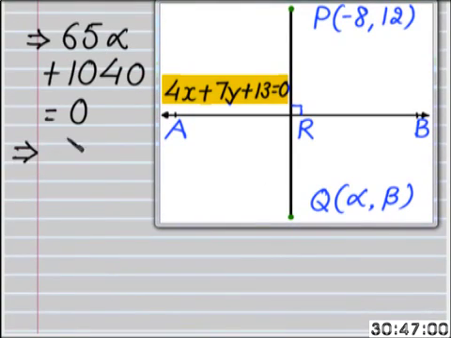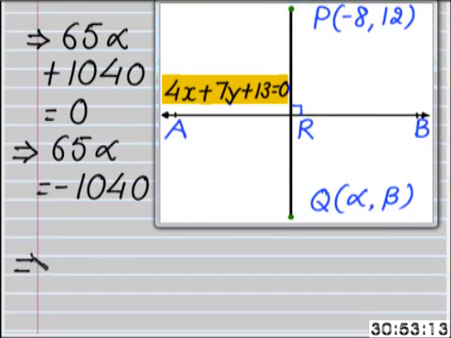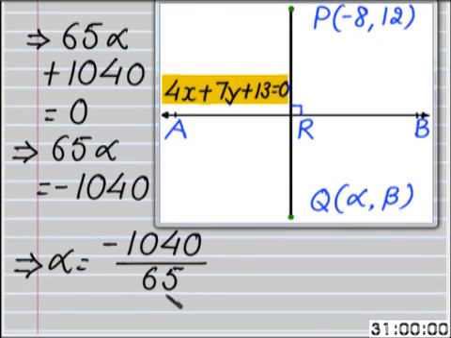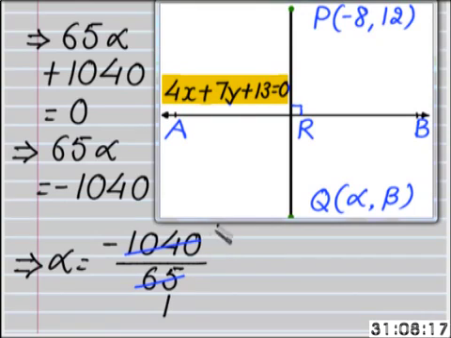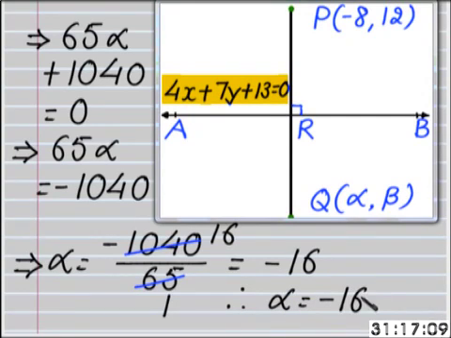Further implies 65 alpha is equal to minus 1040. So here alpha is equal to minus 1040 upon 65. Now on dividing, it is equal to minus 16. So here alpha is equal to minus 16.